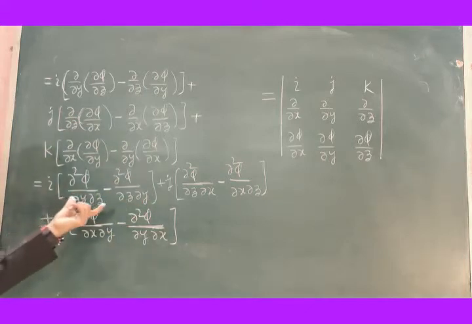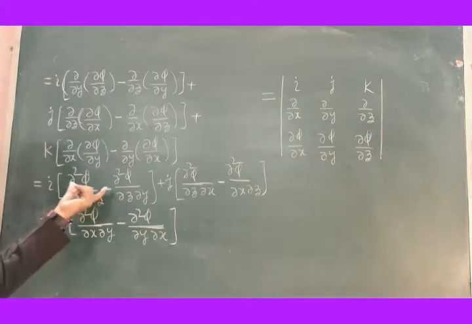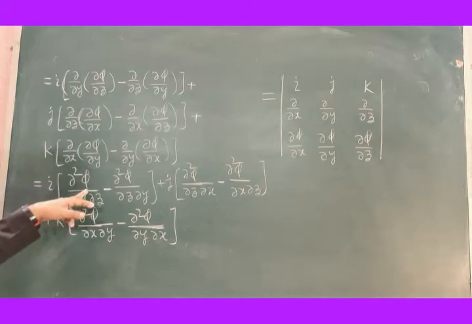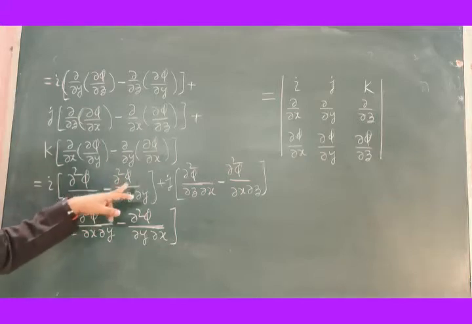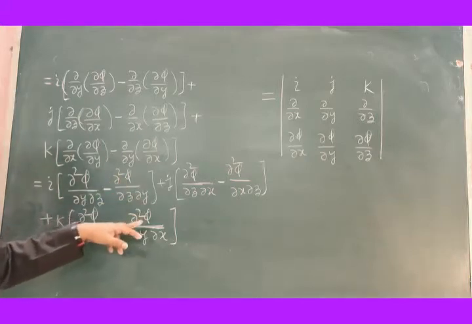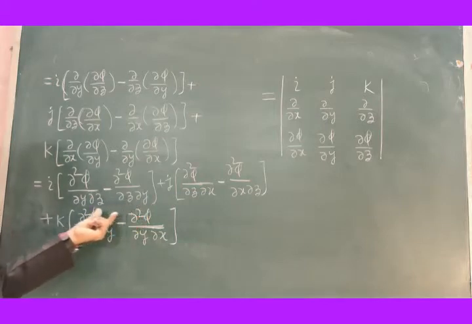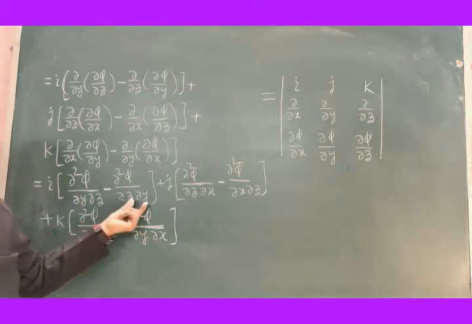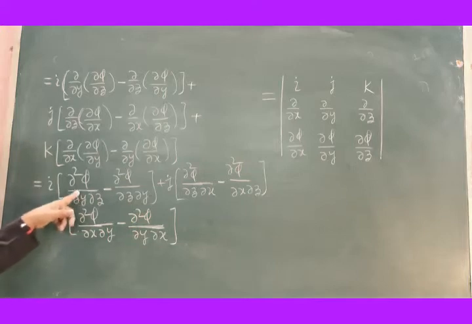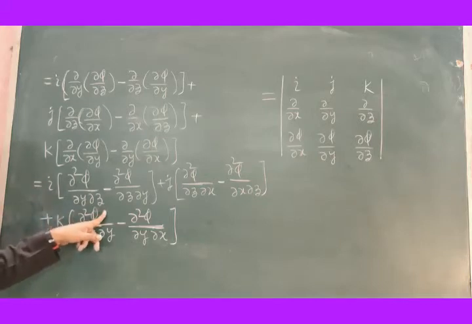Now let us first look into the first term. Dou 2 phi divided by dou y dou z minus dou 2 phi divided by dou z dou y. It means that here phi is first differentiated with respect to y, then differentiated with respect to z.